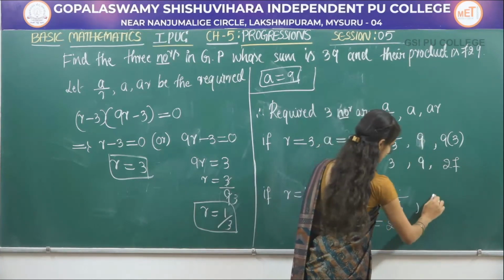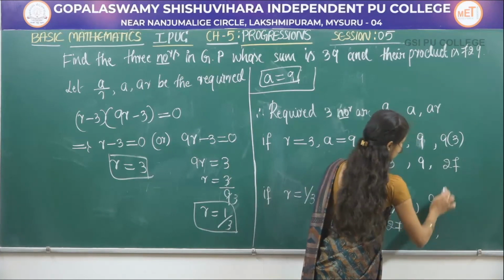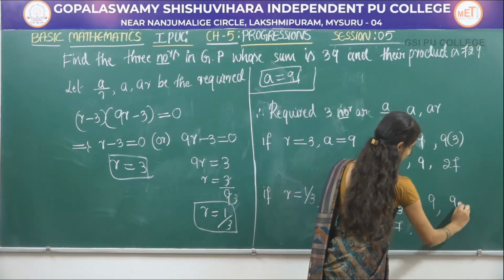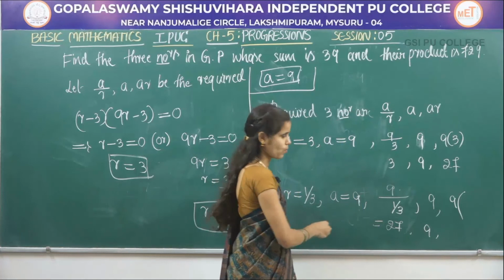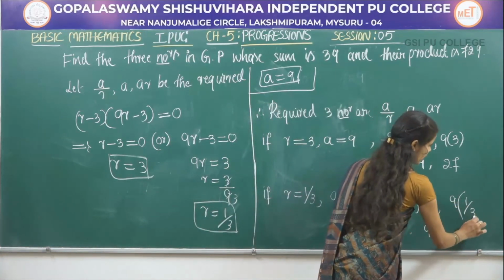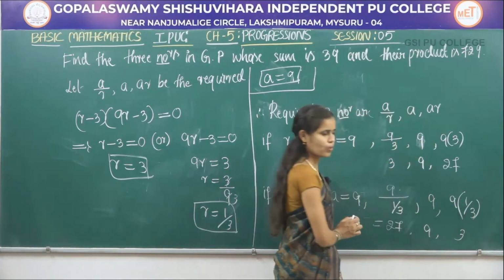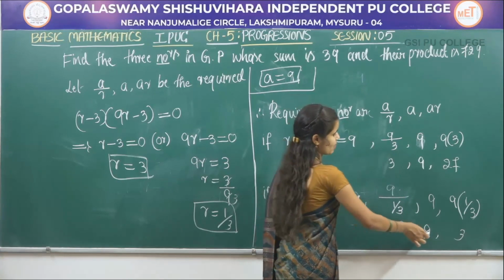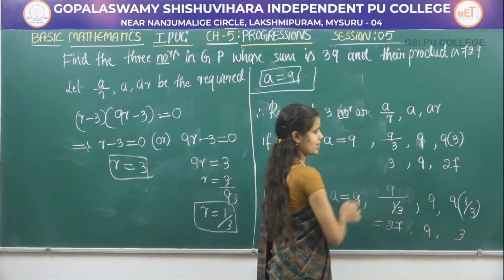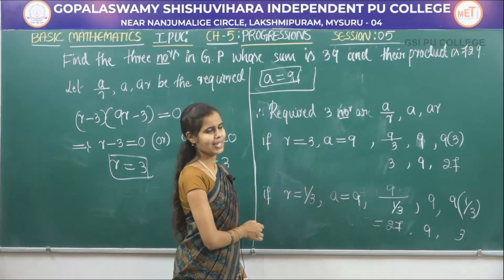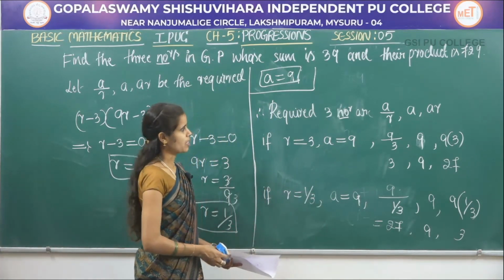Next A means 9. Then A into R is 9 into 1 by 3, which is 3. Therefore the required 3 numbers are 27, 9, 3. So 27, 9, 3 are the same as 3, 9, 27. Okay, so next problem.